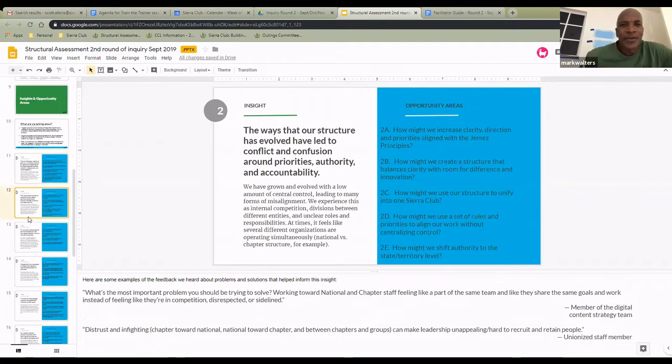The second insight was the ways that our structure has evolved have led to conflict and confusion around priorities, authority, and accountability. We have grown and evolved with a low amount of central control, leading to many forms of misalignment. We experience this as internal competition, divisions between different entities, and unclear roles and responsibilities. And at times, it feels like several different organizations are operating simultaneously, national versus chapter structure, for example.